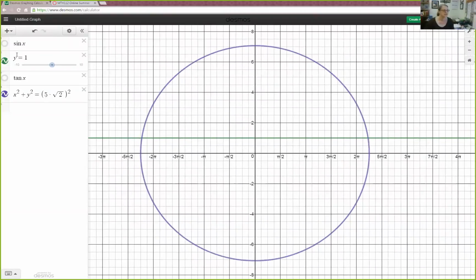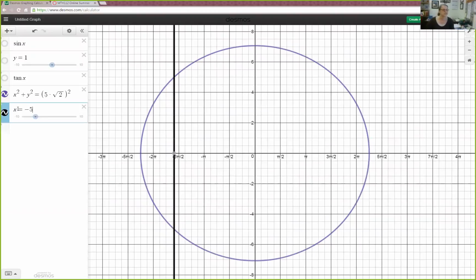Okay, so there's my circle. Let's put on a horizontal line at x equals -5. And now, there we are, -5, 5, and 5, -5.